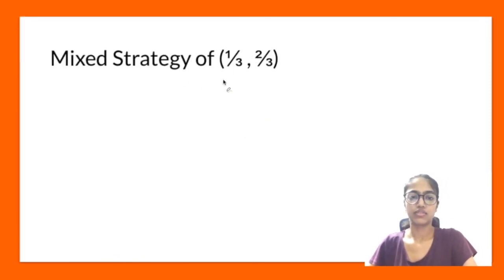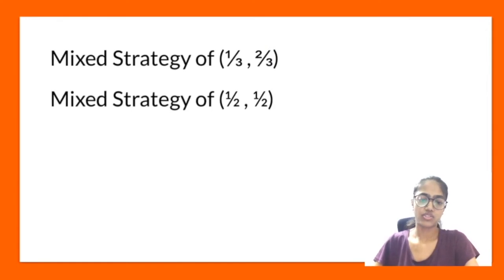Let's look at a few examples. What does a mixed strategy of 1/3 and 2/3 represent? It shows that the player chooses ballet 1/3 of the time and boxing 2/3 of the time.